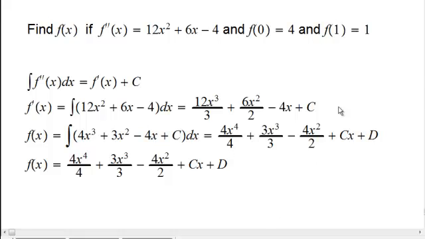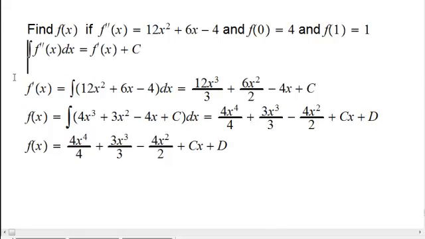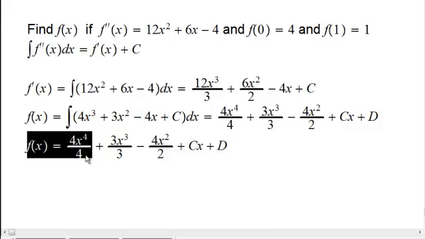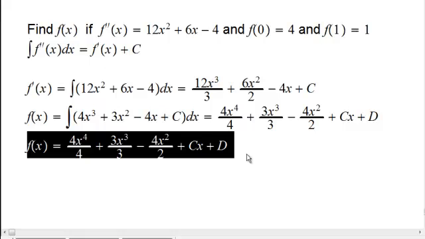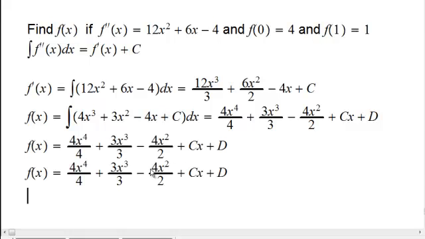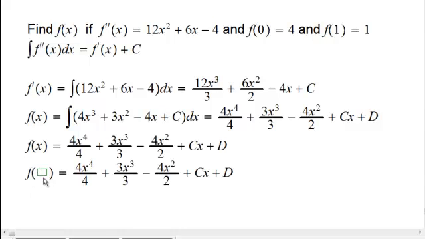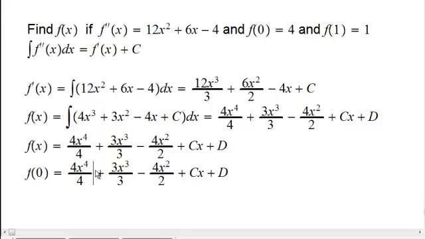So are we good here? So we have to do now what? F at 0. What do I write here? What is this when x is 0? 0, right?